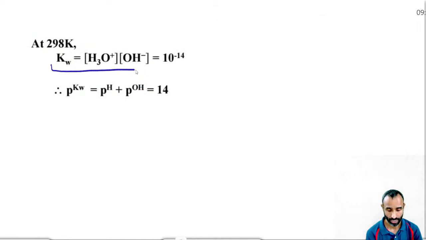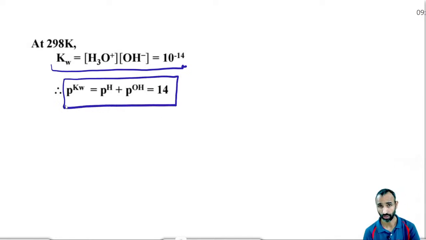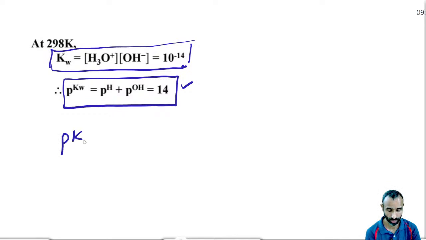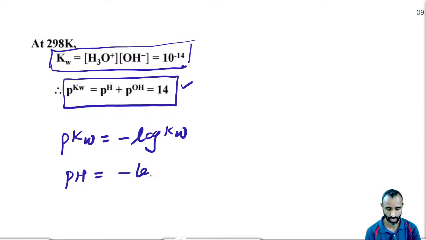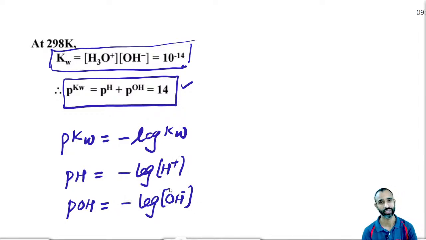Now at 298 Kelvin, you know Kw is equal to 10 raised to power minus 14, or pKw is equal to pH plus pOH equal to 14, because pKw is minus log of Kw, pH is minus log of H plus ion concentration, and pOH is equal to minus log of OH negative ion concentration.